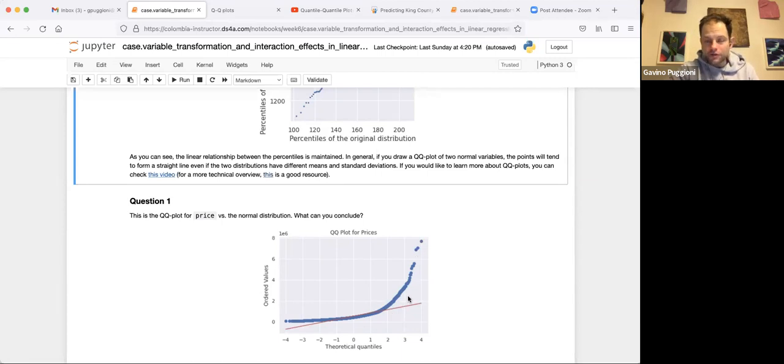So we do have a problem of a long, heavy tail on the positive part of the distribution. And we don't have a tail on the left-hand side because 0 is the censor value. You cannot have a price that is negative.